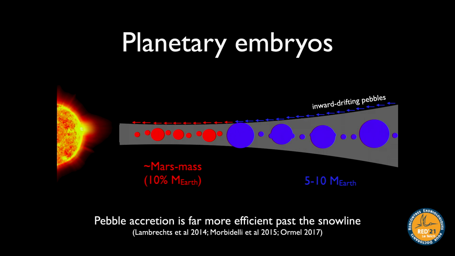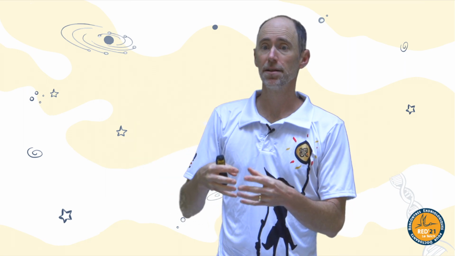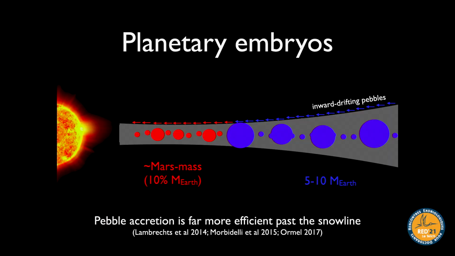That's why, according to models, in the time it takes rocky planetary embryos to grow to, say, the size of the moon or Mars, out where ice can be used as a building block, they're more like 5 or 10 Earth masses.